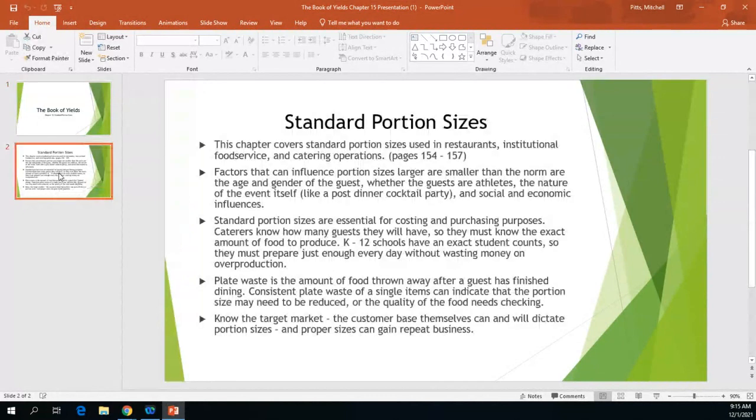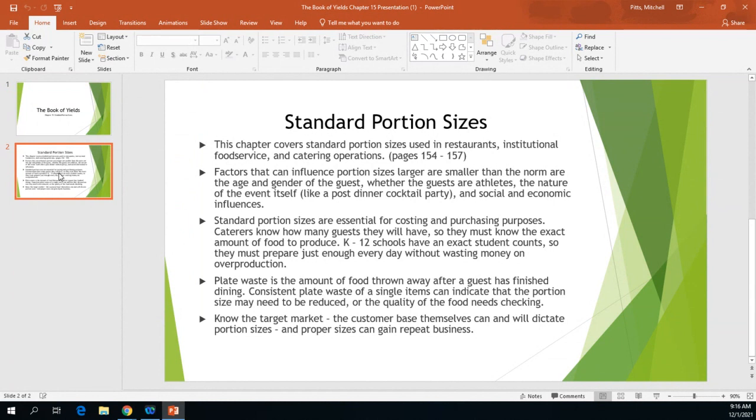Chapter 15 is standard portion sizes. This chapter covers standard portion sizes used in restaurants, institutional food service, and catering options. On page 153, it discusses some factors that can cause chefs and managers to use portions other than those shown below. So there are some things that affect portion sizes.